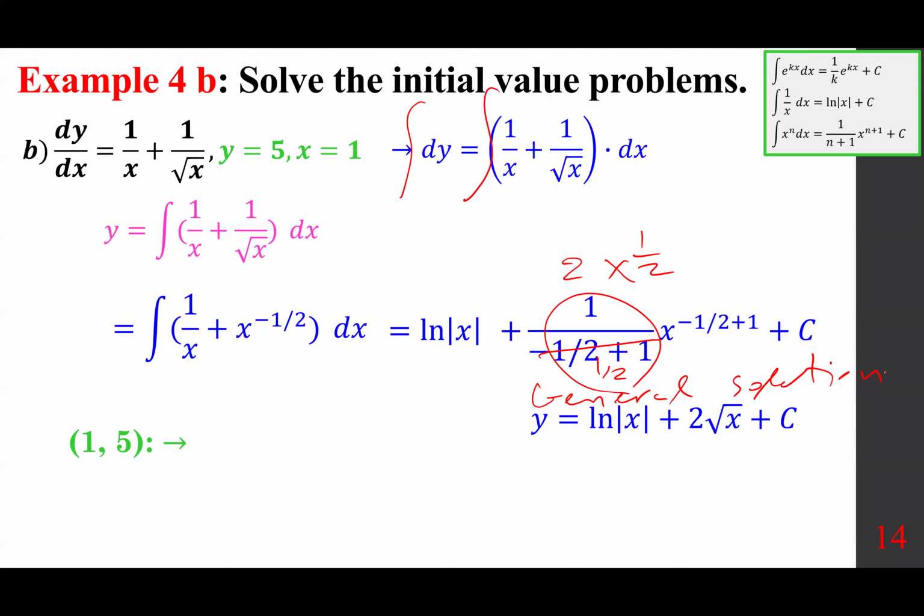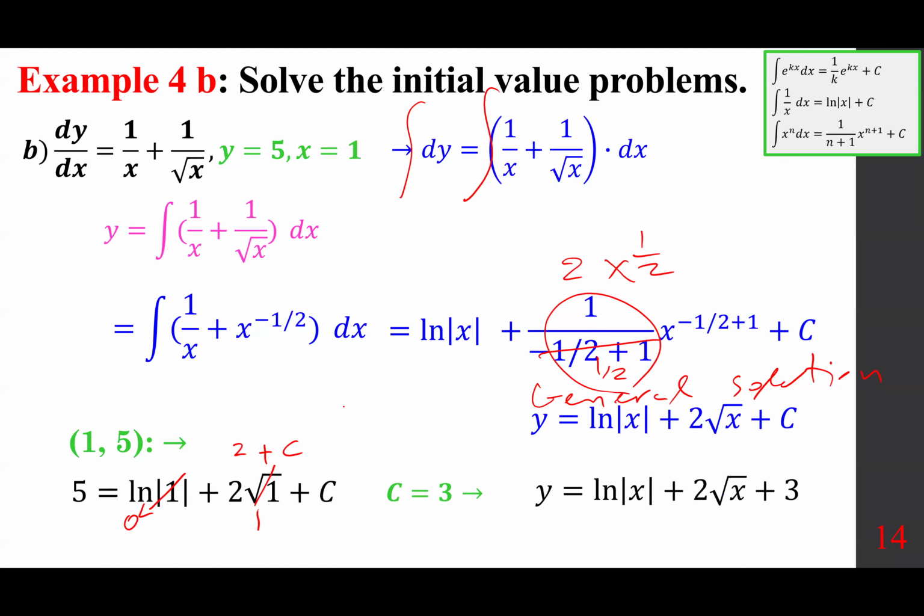Replace the x with 1. Replace the y with 5. As you know, ln 1 is 0. This is 1. So 2 plus what number is 5? 3. Plug it in. And now this is one solution, or particular solution. Okay. Very straightforward, everybody.